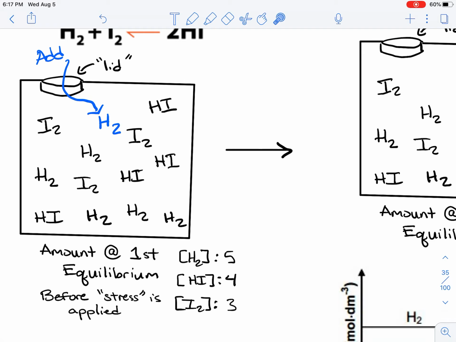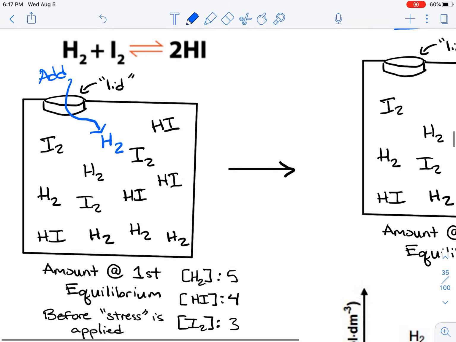I just don't have time to write a mole of H2, so I'm just going to draw 1 H2 molecule. This addition of H2 is going to disrupt the current equilibrium that this chemical system has achieved. According to Le Chatelier's principle, it's going to counteract the stress that was applied.